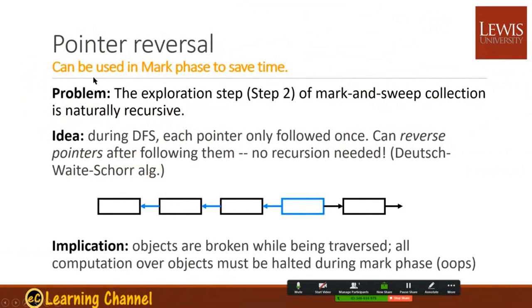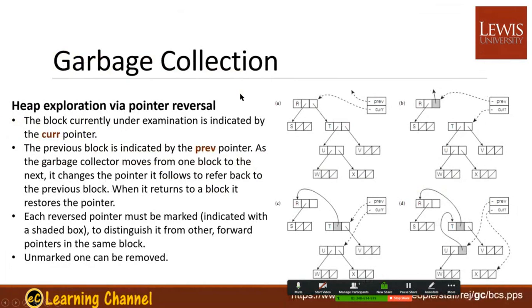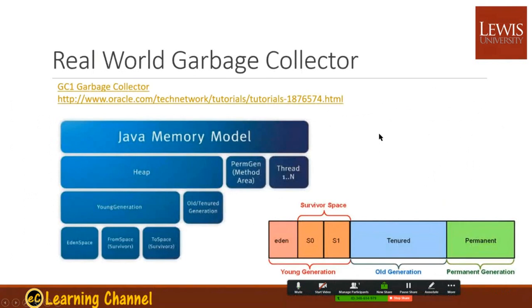So pointer reversal can be used in the mark phase to save time. So actually it gives you a similar concept of pointer reversal. Here we go through the whole tree of the garbage, and then we reverse the pointers, and by doing that we can mark the whole tree structure.